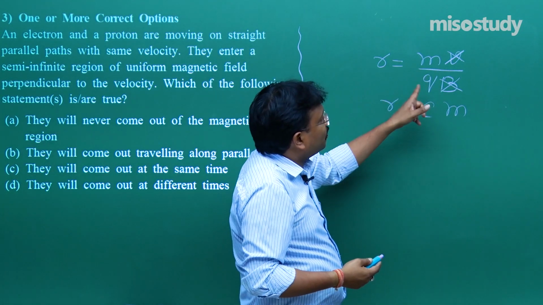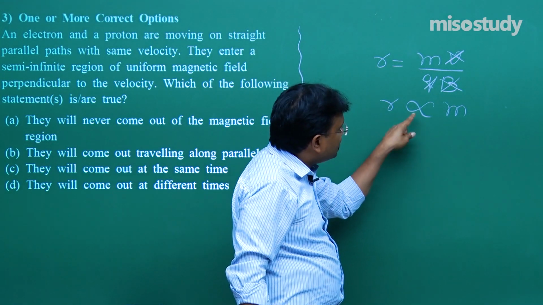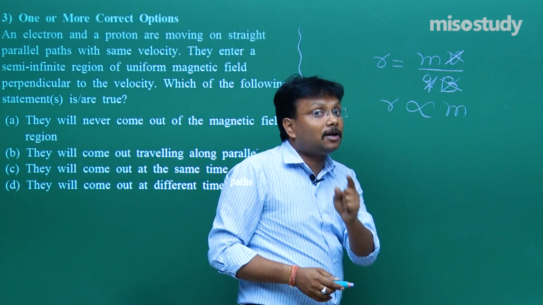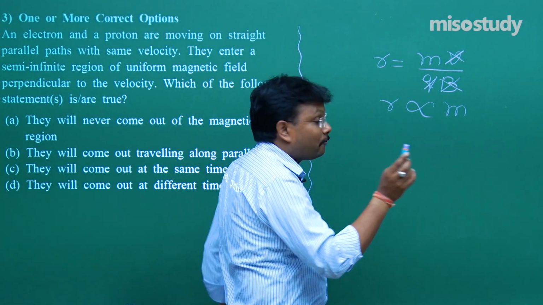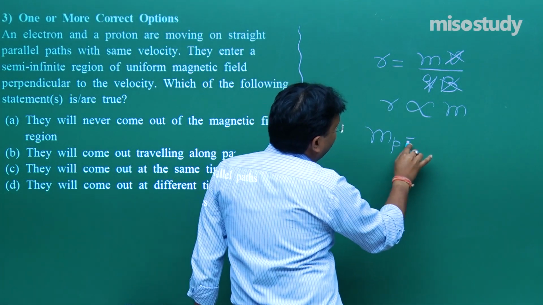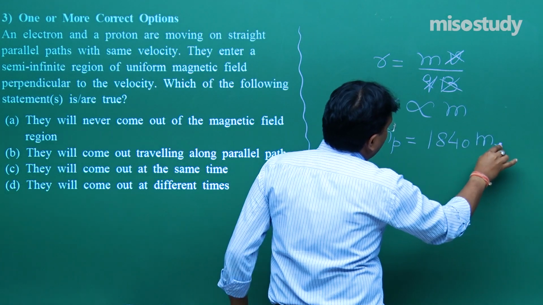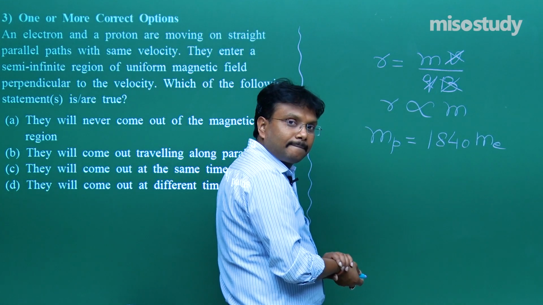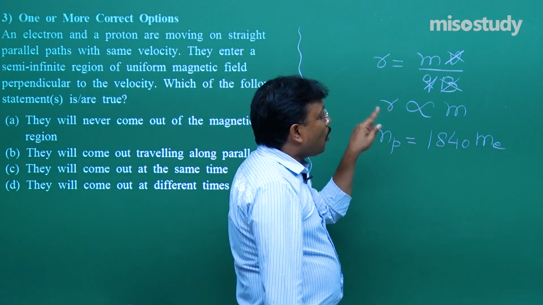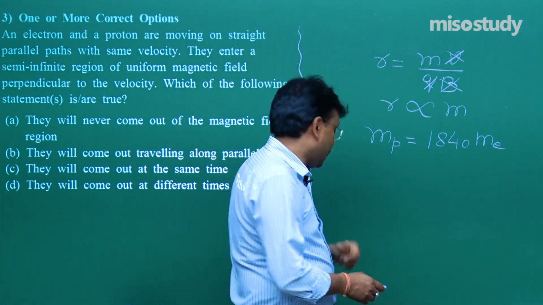So, v, q, B, everything is the same. So, if I say R is directly proportional to m, m means what? Mass of electron, mass of proton, and for your information, mass of proton is equal to 1840 times mass of electron, fine. So, that is why the more the mass, the more the radius you will get, fine.